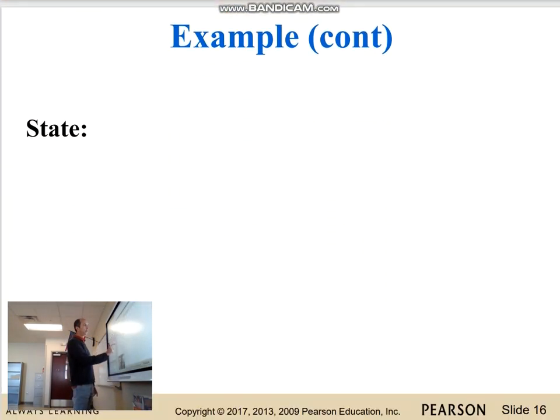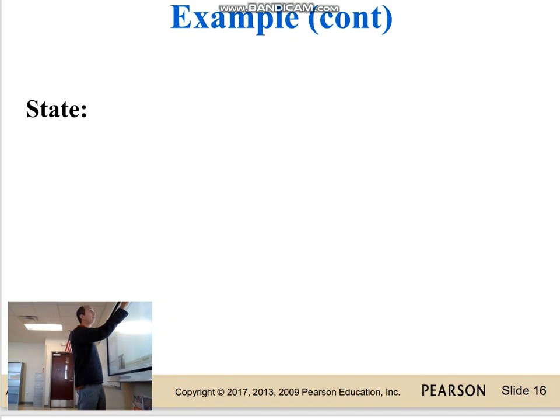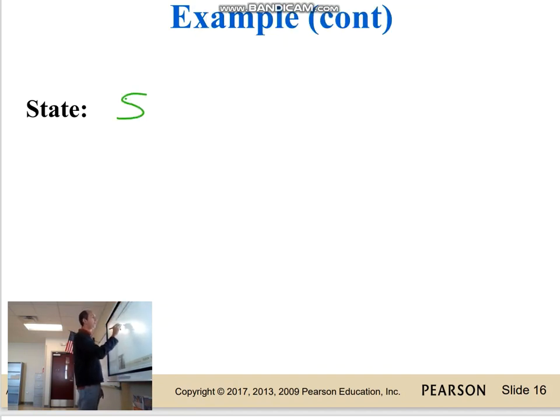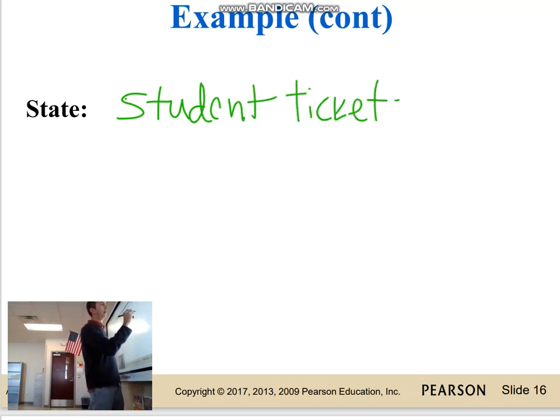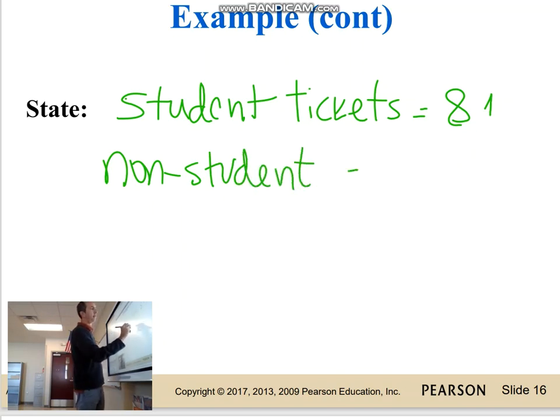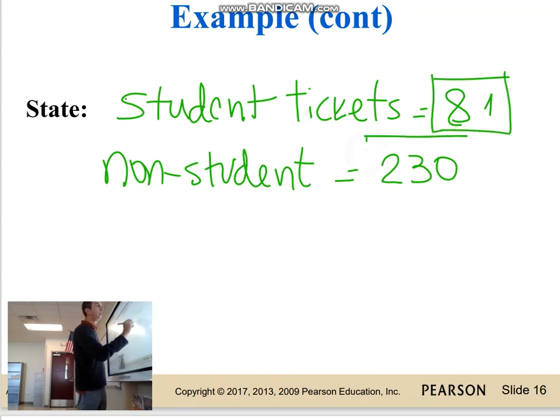And you can come to the conclusion that the number of student tickets equals 81, and non-student tickets equals 230. This is going to be the answer to your problem.